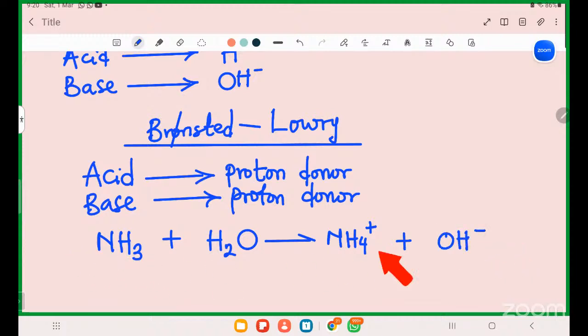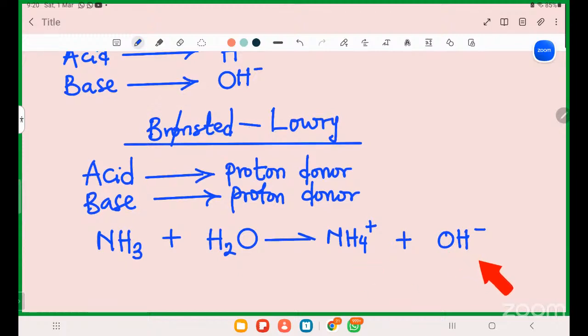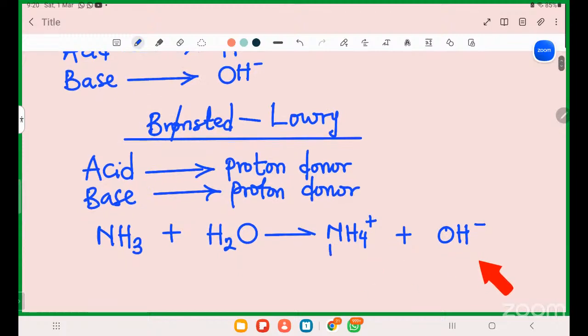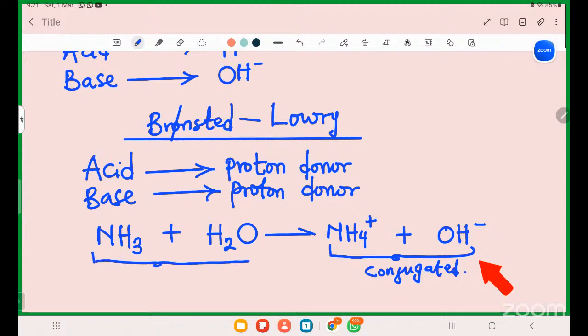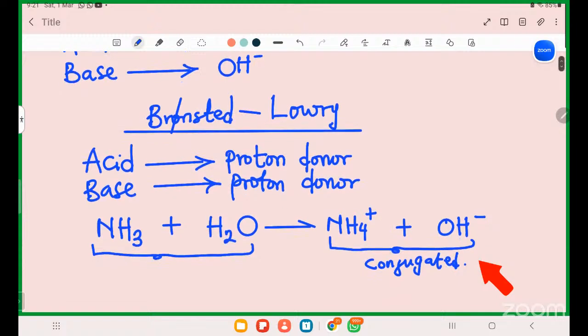So you can be asked which of these species is an acid, which one is a base, which one is a conjugate acid, which one is a conjugate base. The conjugate substances will always be at the product side, while the acid and the base would be at the reactant side.